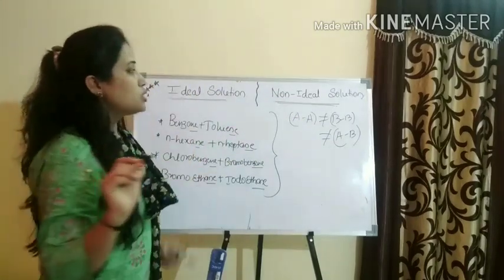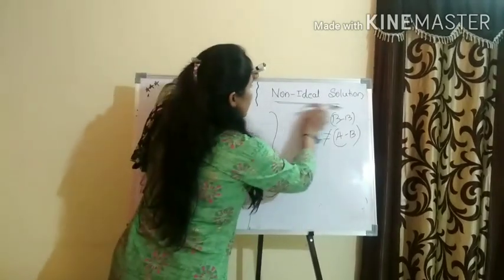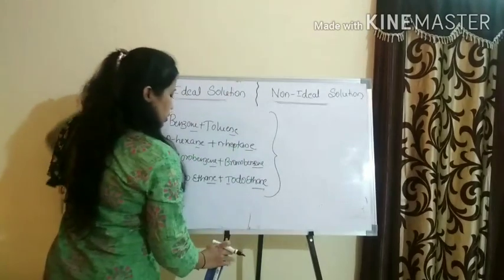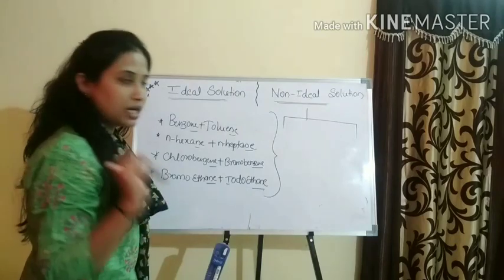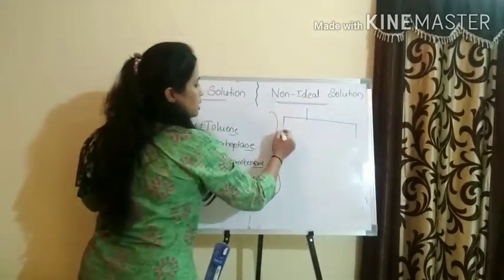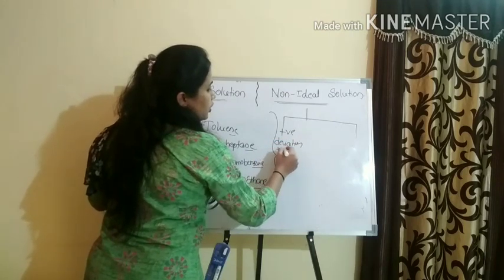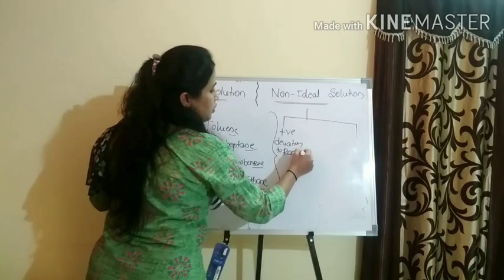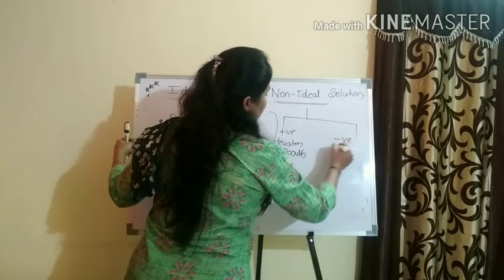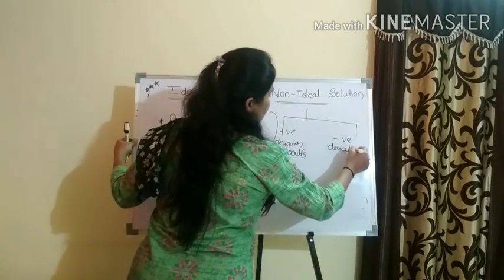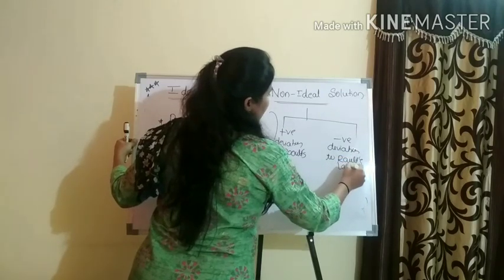So based on all this concept, a non-ideal solution is classified into two types: a non-ideal solution with a positive deviation to Raoult's law, and a non-ideal solution with a negative deviation to Raoult's law.